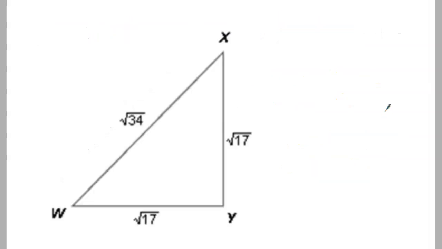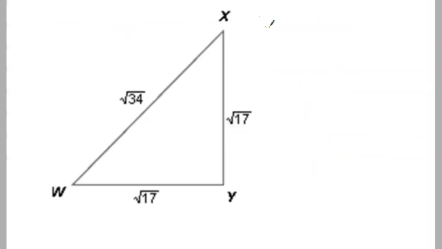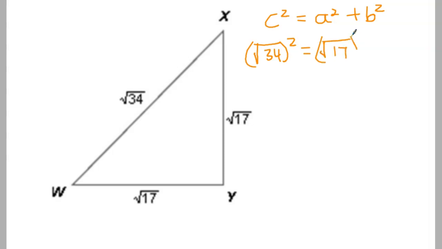Okay, pause to see if you can do this one. Same thing, using c squared equals a squared plus b squared. This is the longer side, all squared, equals 17 all squared plus square root of 17 all squared. Let's get this one away, 34.